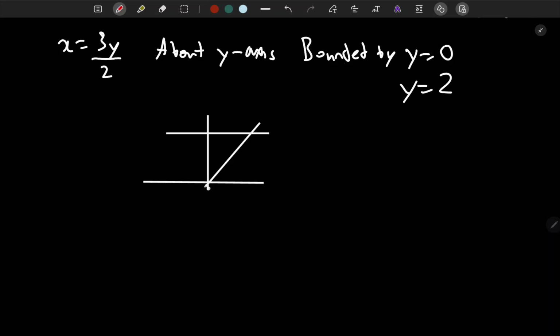So here now let's draw the reflection, which is going to go something like this, and our disk inside is going to look like this. So this is one disk, this is the second disk, and so on. But our boundaries are from y is equal to 0, which is this x-axis basically, and y is equal to 2. So our last disk here would be something like this.